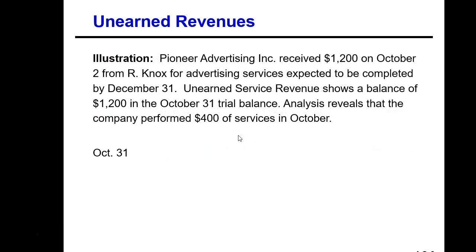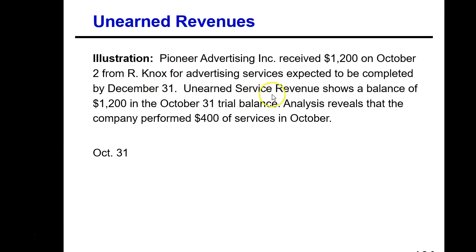For example, Pioneer Advertising received on October 2nd from a customer $1,200 for advertising services expected to be completed by December 31st. So they paid us in advance an amount of $1,200 for work that should be completed by December 31st.